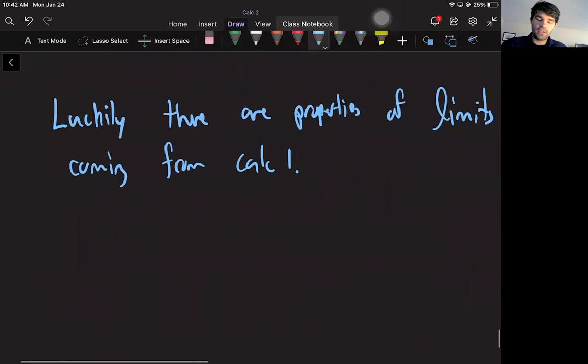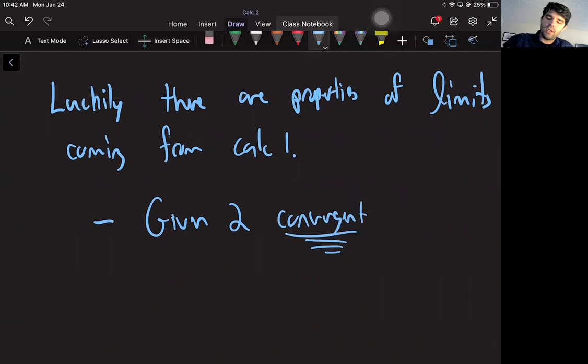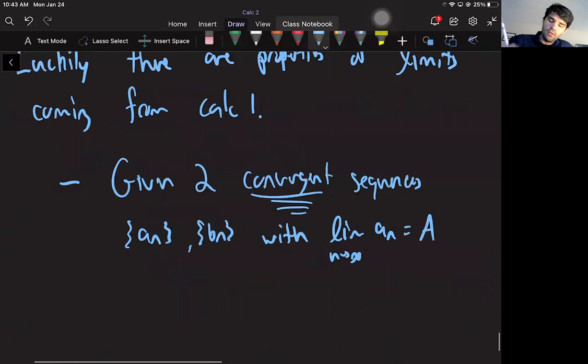So you just have to worry a little bit about a couple of things, but here they are. Given two convergent sequences, so they've got to already be convergent independently. If you have two that you know are already convergent alone, that means that they both have limits. If you write it out like this, maybe I'll call this one a_n and the other one b_n.